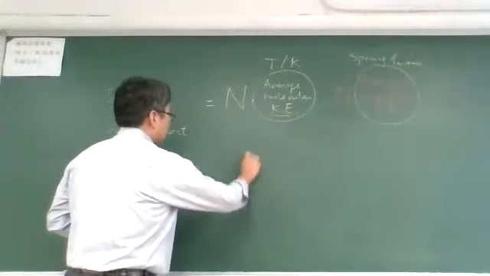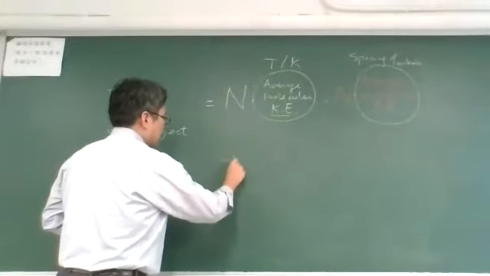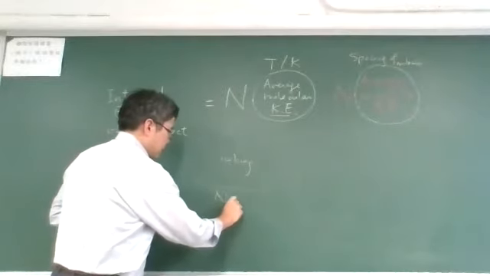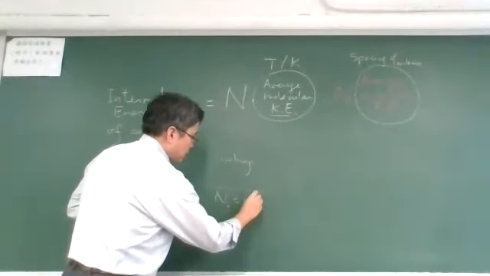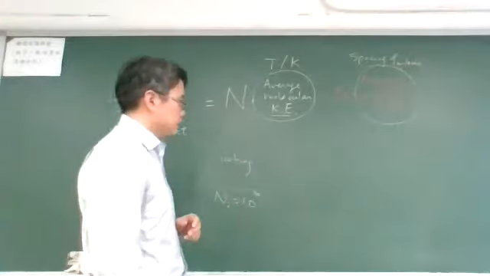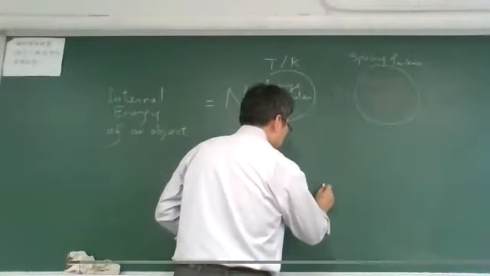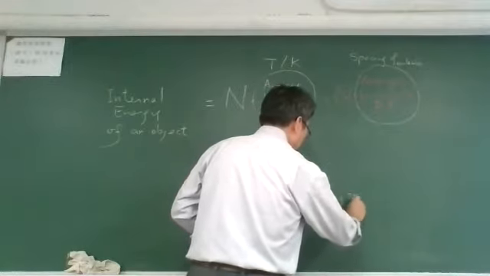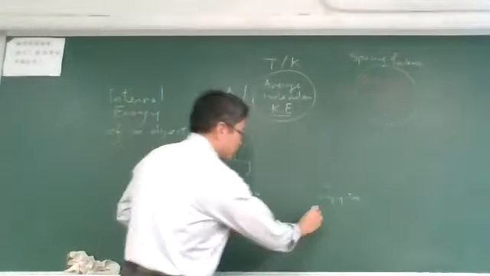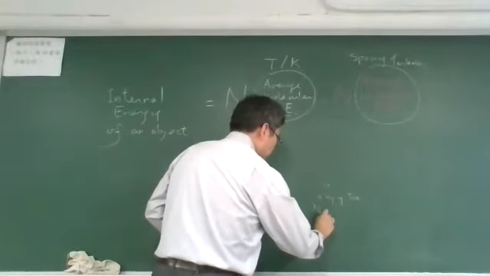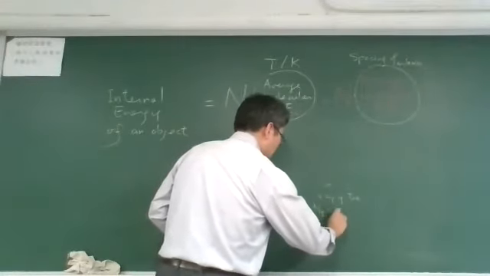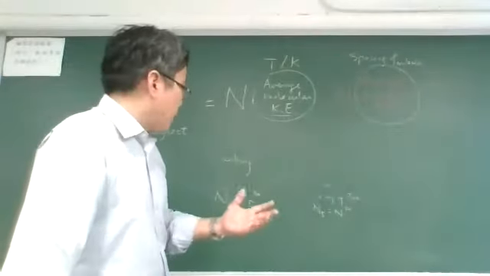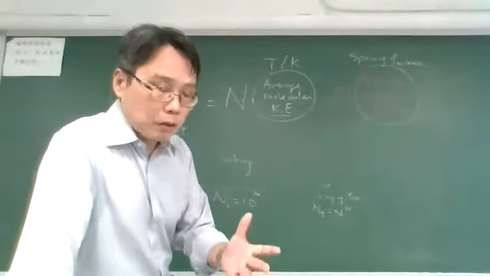We have an iceberg with N_I equals to say 10 to the power 13 molecules, and we have a cup of tea, where we have N_T equals to 10 to the power 20, for example. Just for example, I haven't done any measurement.